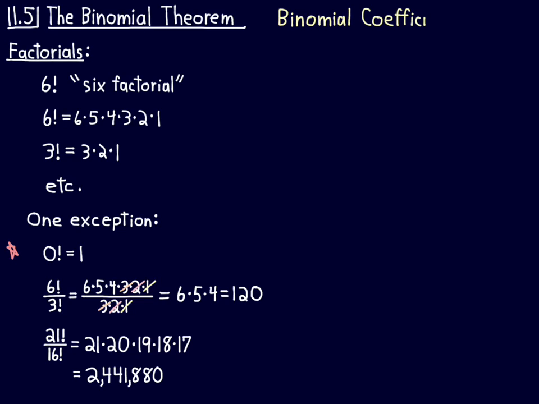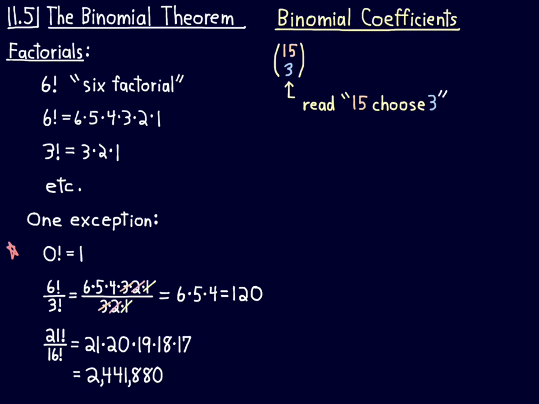Okay, so now we need to talk about binomial coefficients. They're written this way, and it's read 15 choose 3. Don't put a line in between the 15 and 3. It's not a fraction. Okay, it means 15 choose 3. What does that mean?